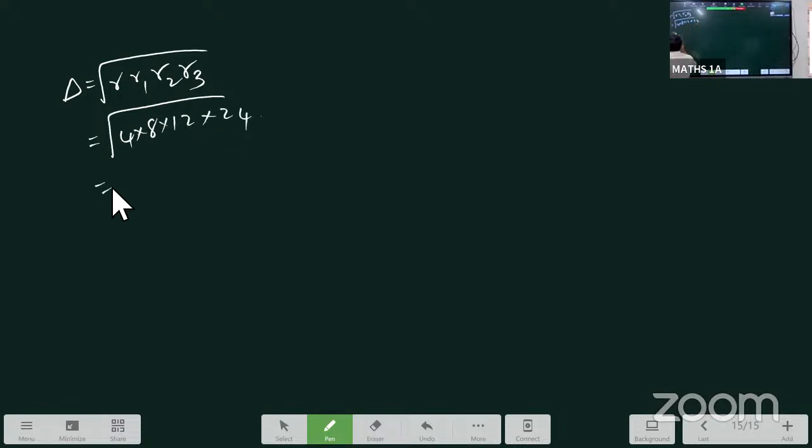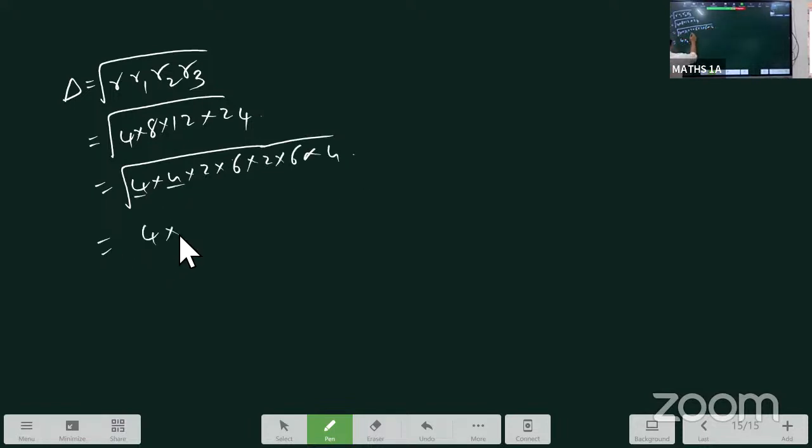Correct now? R just now I got the value as 4. R1, R2, R3 anyway it's given in the question itself. That is under root of 4 into 4 2s are 8. This is 6 2s are 12 and this is 6 4s are 24. From 2 4s, 1 4 will come outside. From 2 2s, 1 2 will come outside. From 2 6s, 1 6 will come outside. And root 4 is 2.